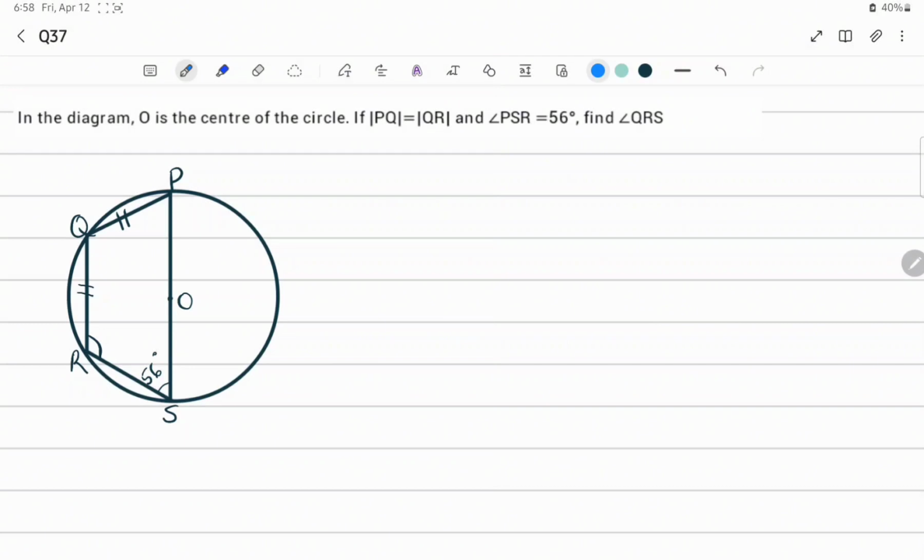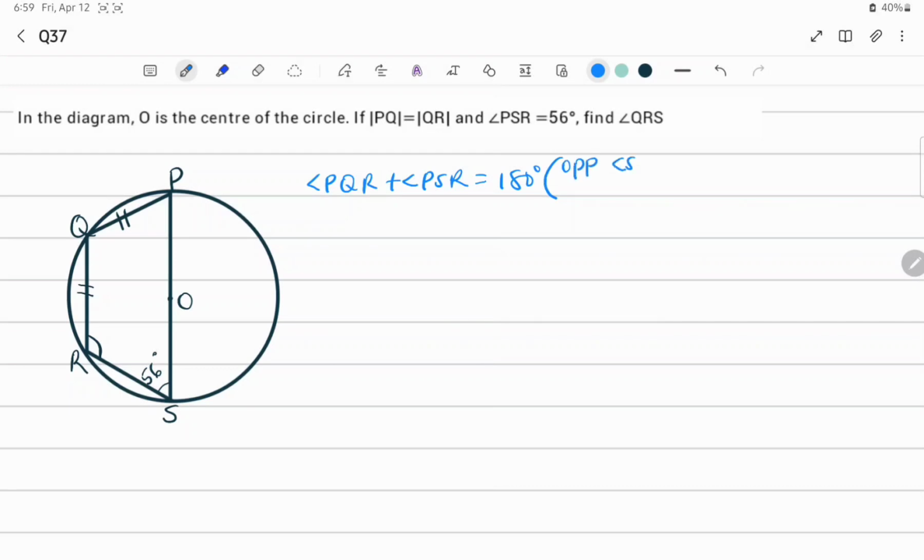Now, if this is a cyclic quadrilateral, then it is quite easy for me to find angle PQR because angle PQR and the angle given to me, which is PSR, are opposite to each other. And we know that opposite angles of a cyclic quadrilateral are supplementary. So PQR plus PSR is 180 degrees.